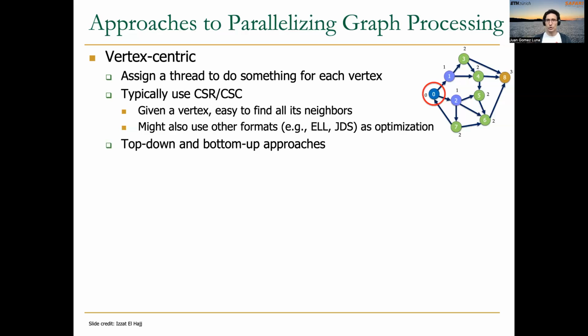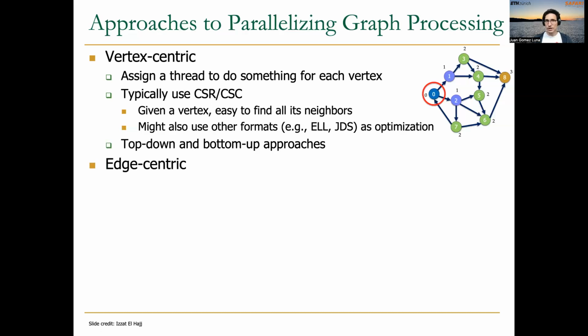So those are the 2 approaches, top-down and bottom-up. As you can see, there is more constant work in the bottom-up approach because all threads are active in all iterations, at least in the beginning, while in the top-down approach, we will see how the amount of work grows or shrinks depending on the exact phase or iteration of the computation.